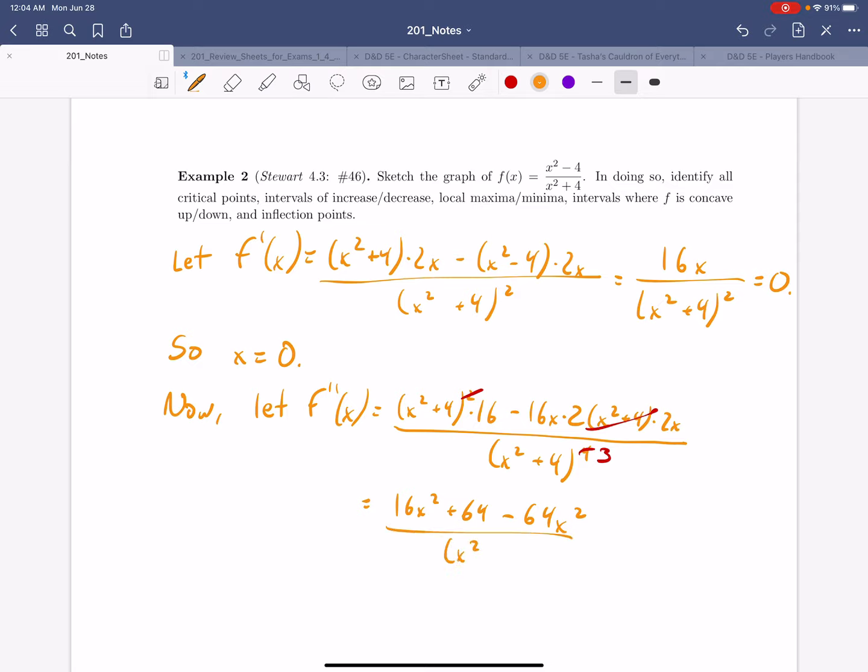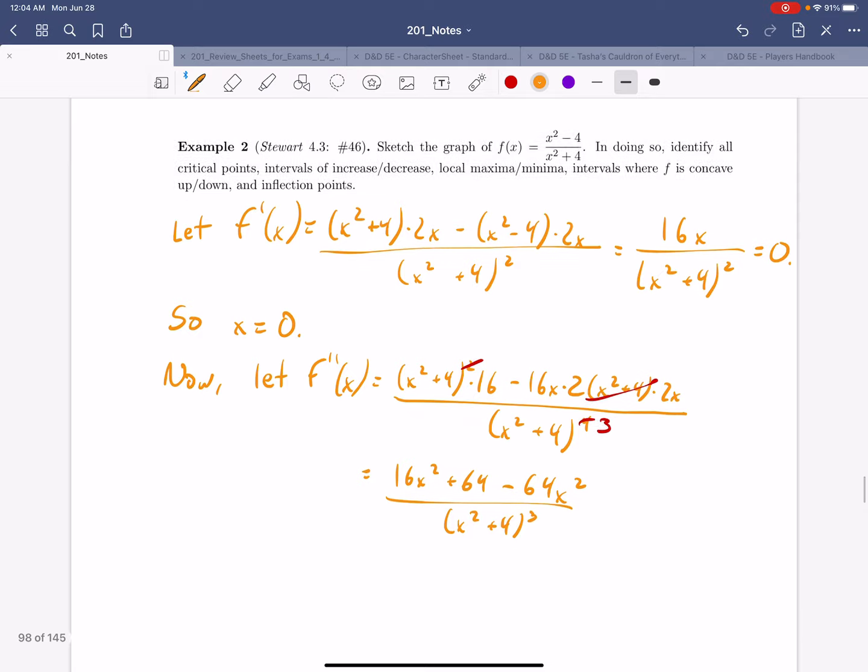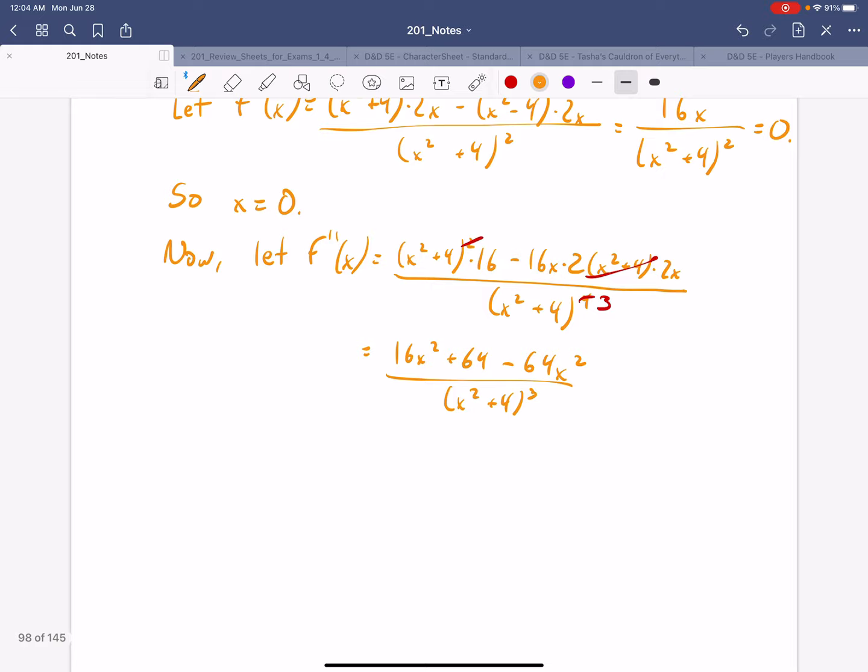All over x squared plus 4 cubed. All right, and maybe we can let that equal 0.